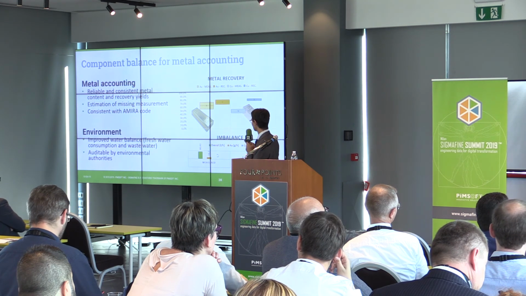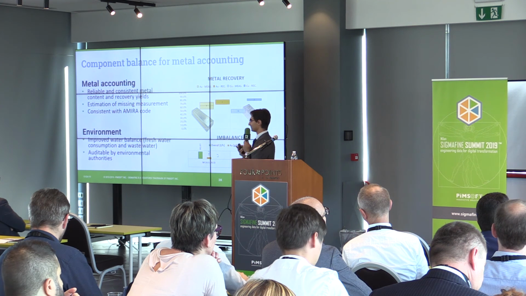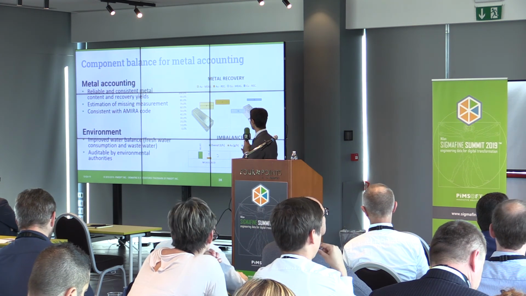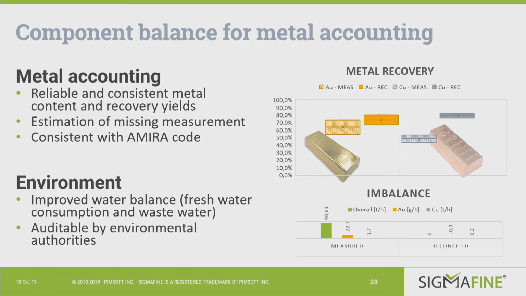I would focus, more than on the value itself and how it changed, on the fact that the uncertainty after the reconciliation is quite decreased. So when you go to calculate the recovery yield of your plant, your KPI will have a much better accuracy.